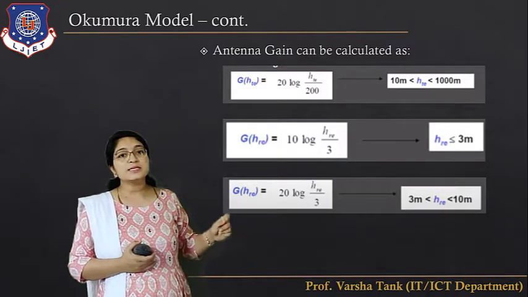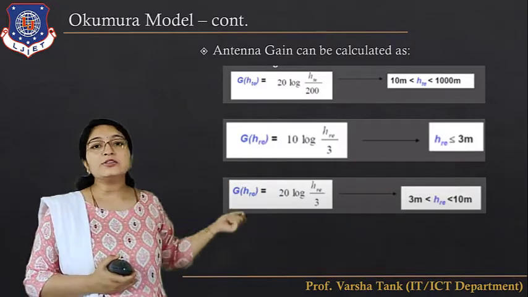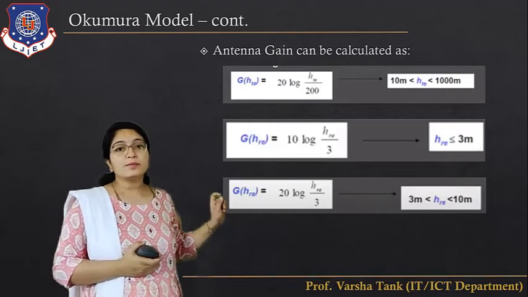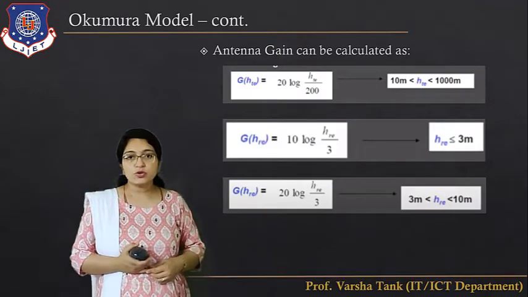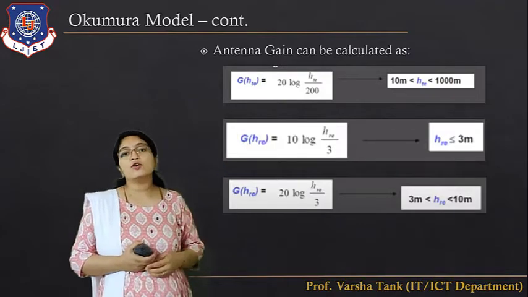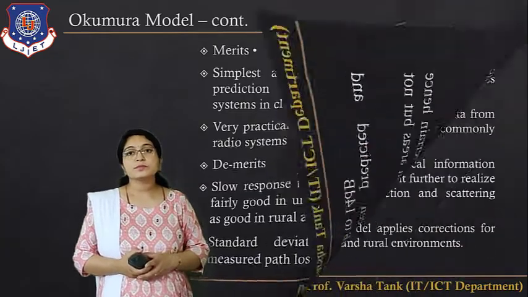That means it will be considered when the height of the receiver antenna is less than 3 meter. Same way here, if the height of the receiver is between 3 meter to 10 meter, then you can use this formula. So based on the height, you have to use the appropriate antenna gain formula to calculate the path loss.